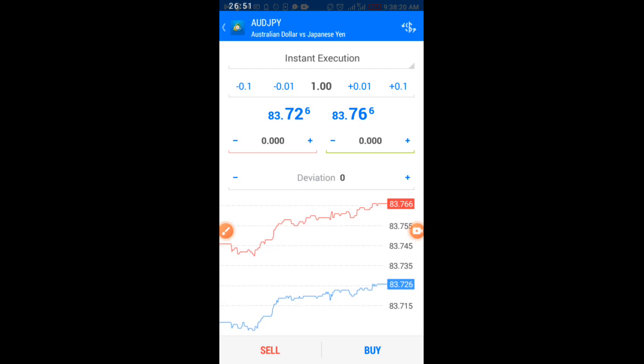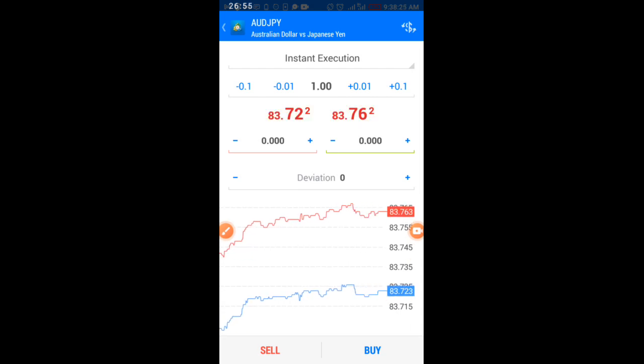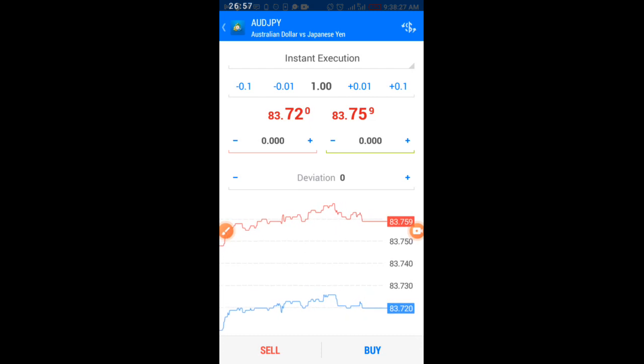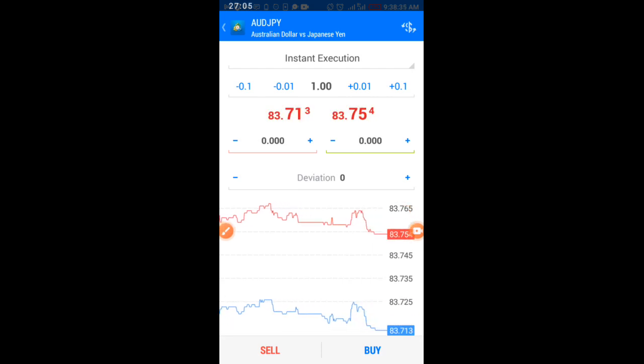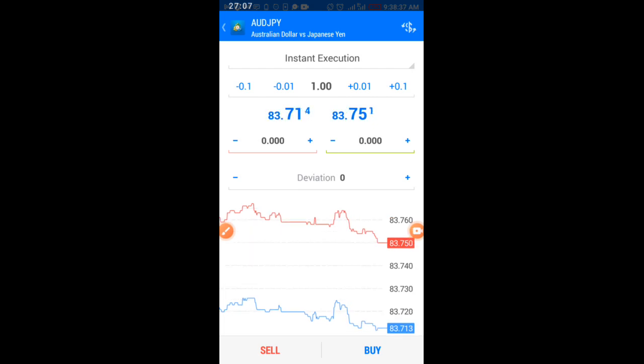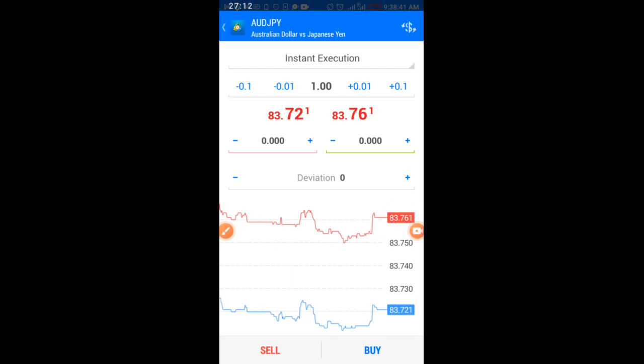It's moving, so it must be close. Then your internet must also be fast, so that you are able to pick the best price. You should not pay a price that is far from where you want to buy or sell.